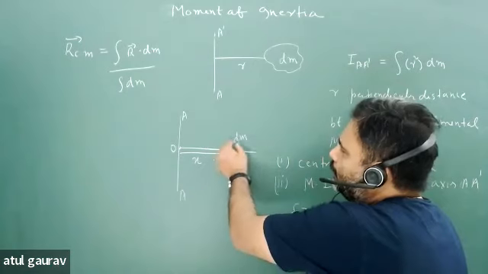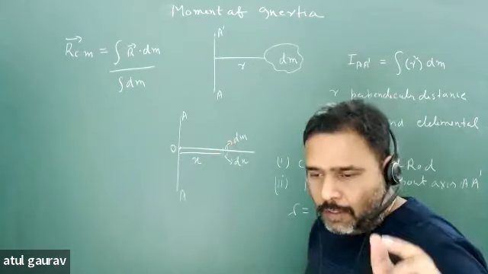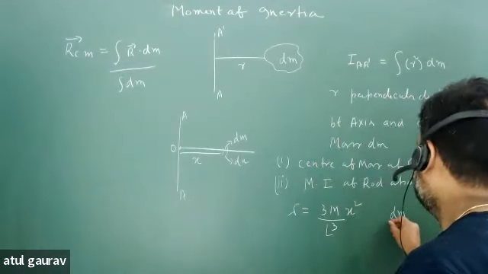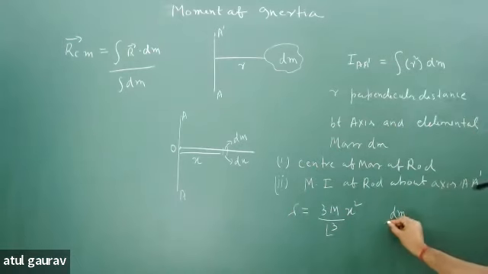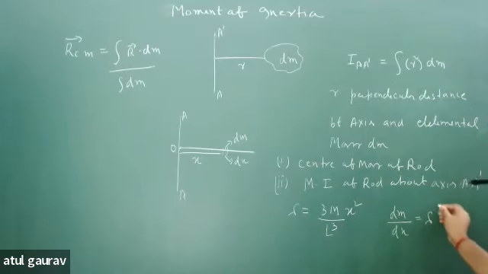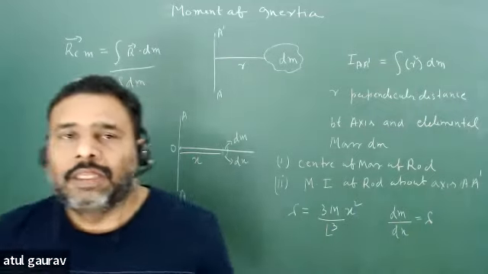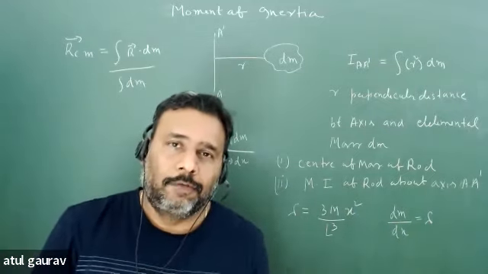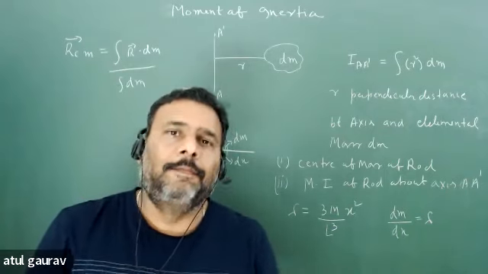The meaning is that this dm mass is in this particular small elemental length dx. So we can easily write, since this is nothing but the mass density, mass per unit length, dm upon dx is equal to lambda. And now you can see, for the first time we are going to encounter a lambda which is not constant. Until now, in the problems we were taking, that lambda was constant, actually, m by L.